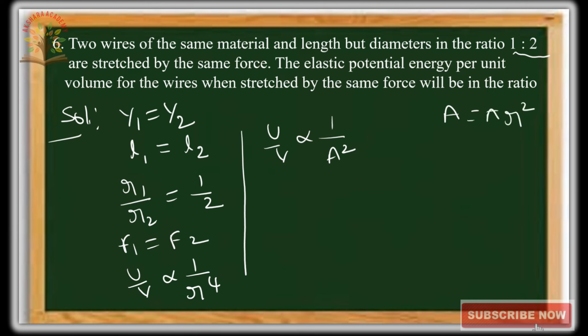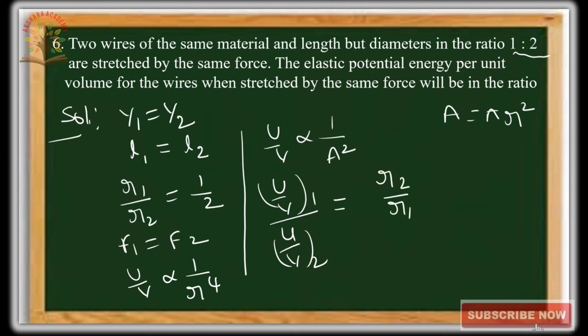So directly I am writing U by V is proportional to 1 by R square, that is U by V of 1 by U by V of 2 is equal to R2 by R1 whole to the power of 4. So substituting values, 2 by 1 whole power 4, 2 to the power of 4, 16 by 1.